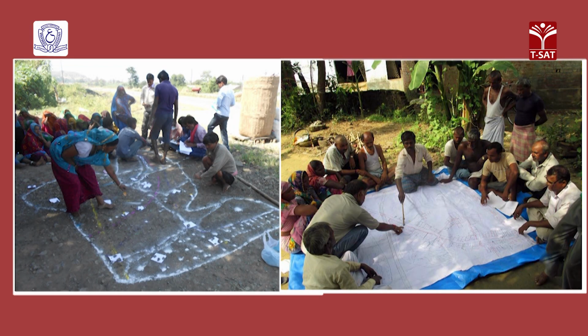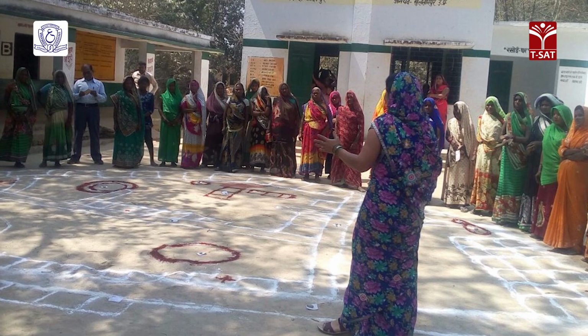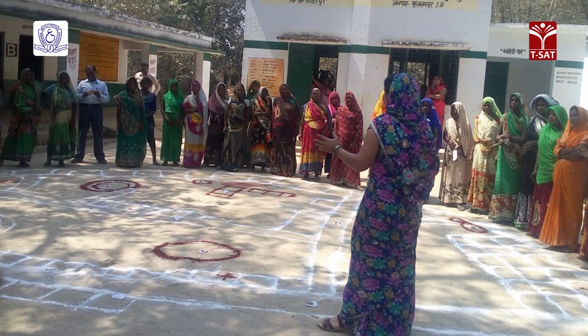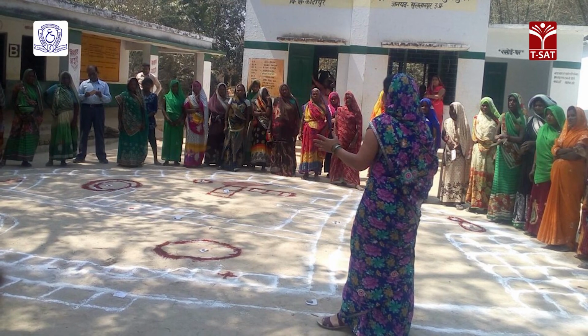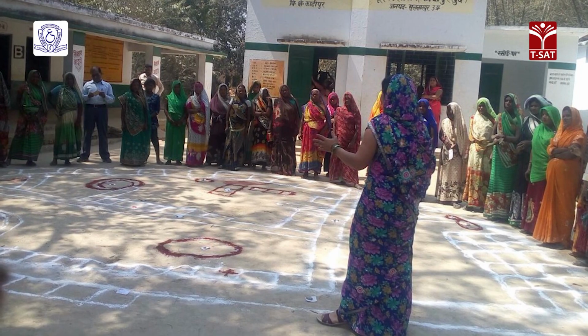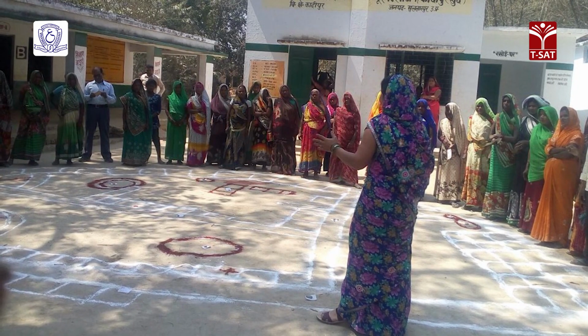PRA activities usually take place in groups working on the ground or on paper. The ground is more participatory and helps empower those who are not literate. Visual techniques provide scope for creativity and encourage a frank exchange of views.